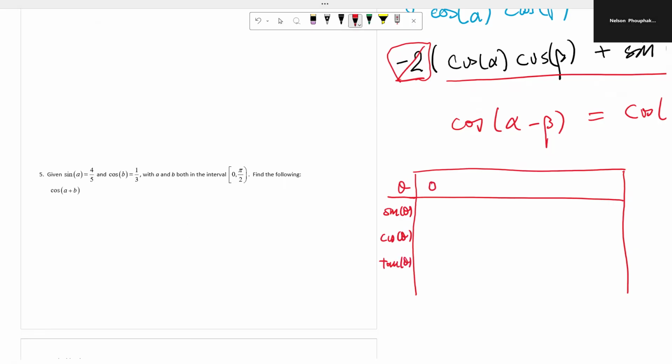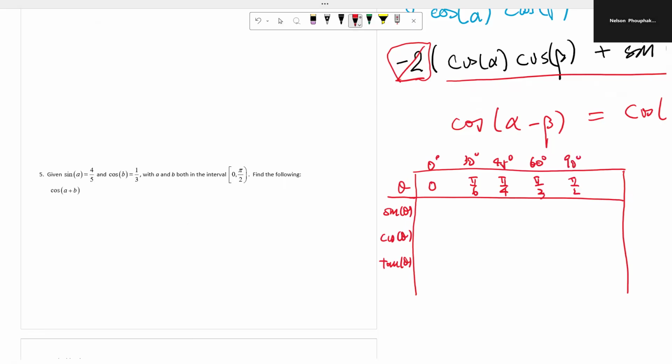0 radian or 0 degree, pi over 6, 30 degree, pi over 4, 45 degree, pi over 3, 60 degree, and pi over 2 is 90 degree.